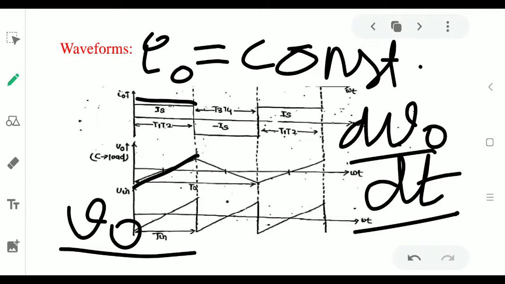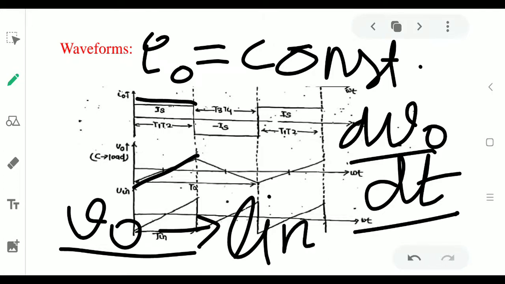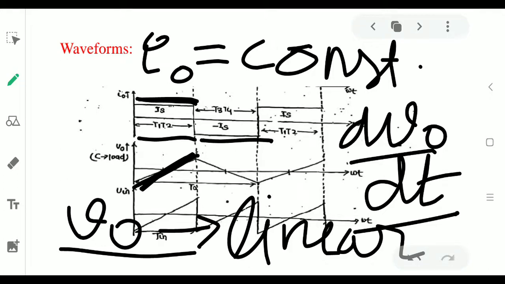Now when T1 and T2 are on, the current is plus Is, so there is a positive slope. And when T3 and T4 are on, the current is minus Is, so the slope is in the negative direction. Again T1 and T2 are on, so the slope is positive.